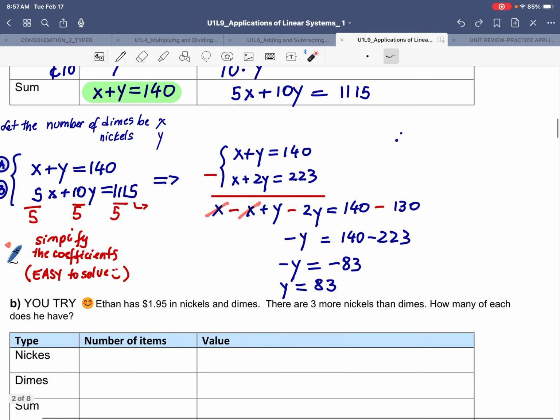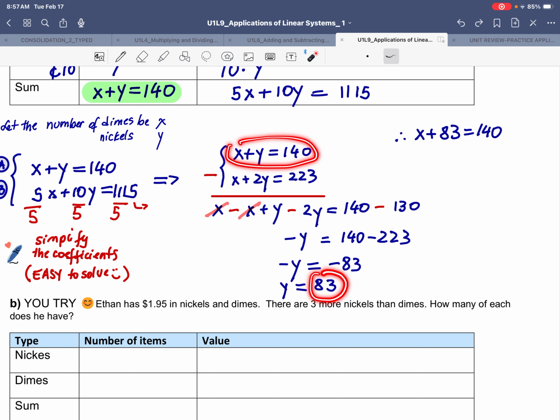Now that we have the y value, we can easily find the x value. x plus 83 equals 140, so x will be equal to 140 minus 83, and we have x equal to 57.